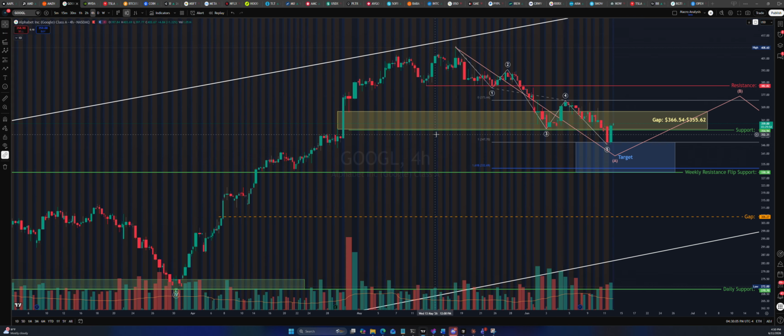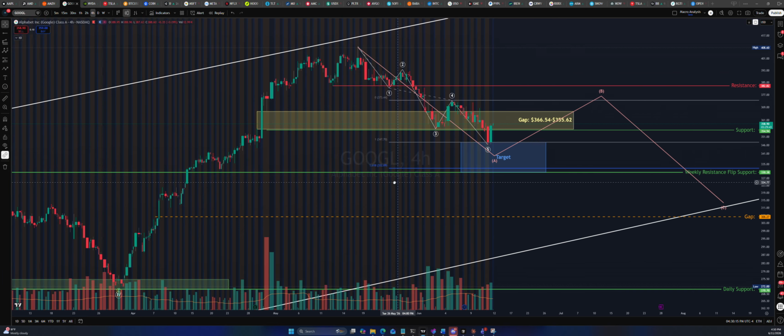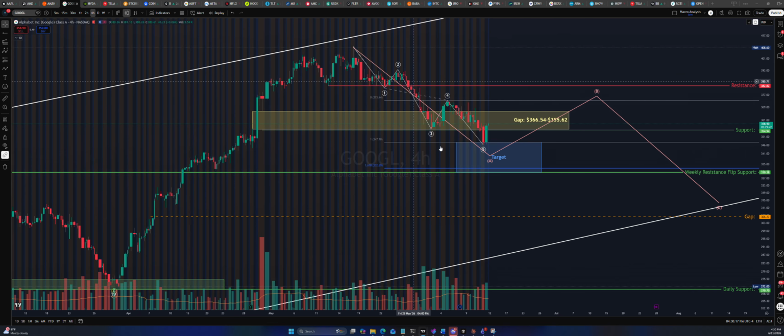Now, whenever a stock has a 1, 2, 3, 4, 5 wave move to the downside, I like to be cautious because this entire move here is not an A, B, C. It's mostly a 1, 2, 3, 4, 5.